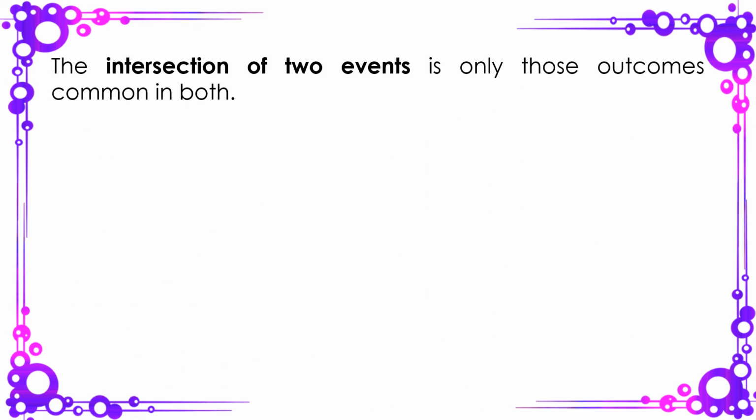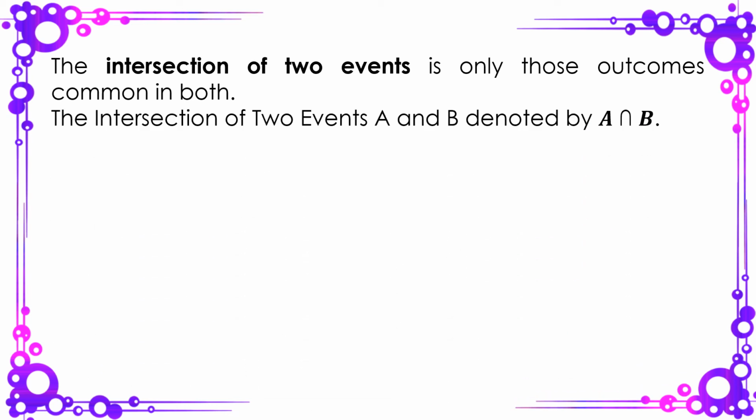So next is the intersection of two events. So what is the intersection of two events? It is the only outcomes common in both. Again, the intersection of two events is only those outcomes common in both.